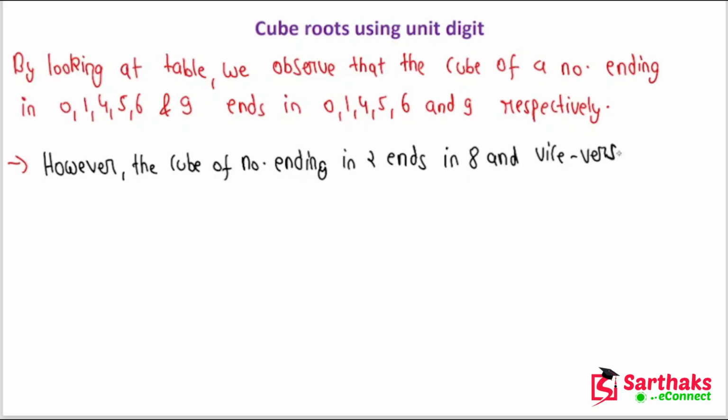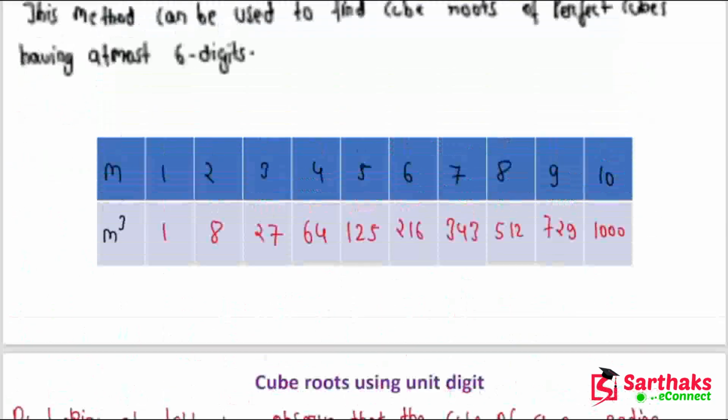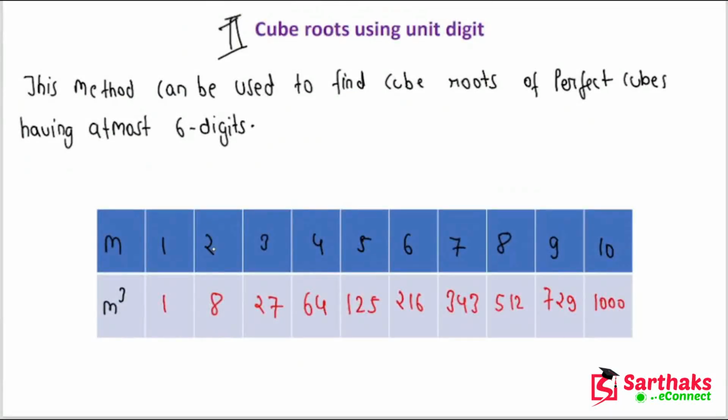Right, that is, if a number is ending at 8, then its cube will end at 2. Okay, so vice versa means that. Let us verify it. A number ending at 2 has its cube ending at 8. If a number ends at 8, its cube ends at 2. Okay.